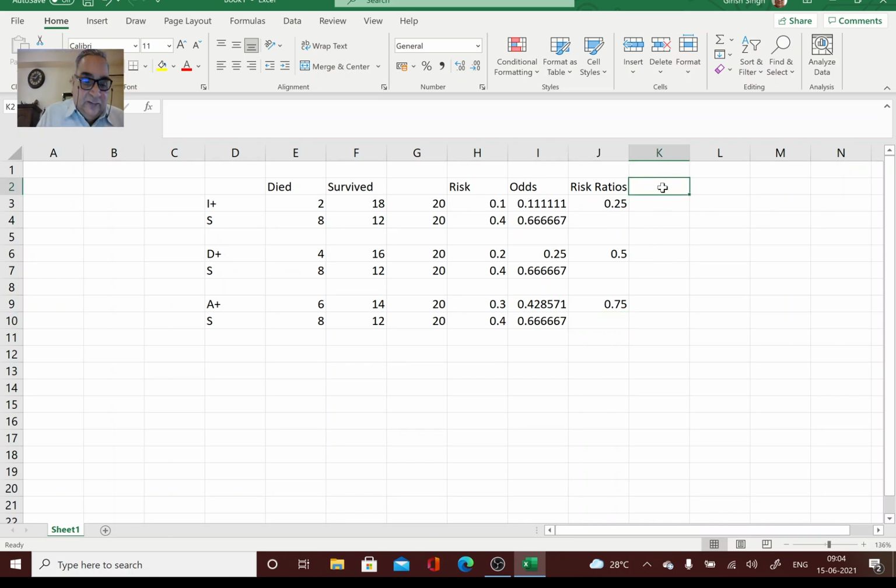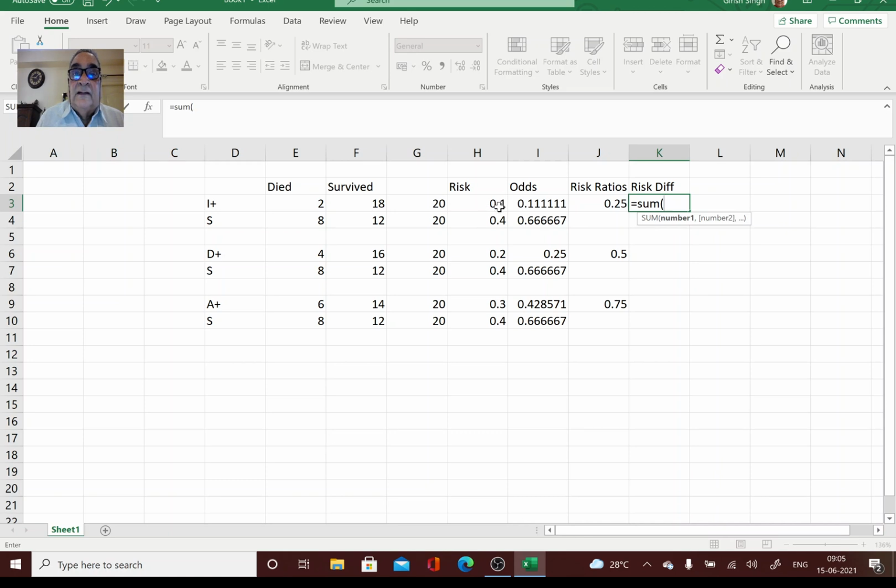Then there is something which is called risk difference, and that is simply equal to sum risk here minus risk in the supportive group.